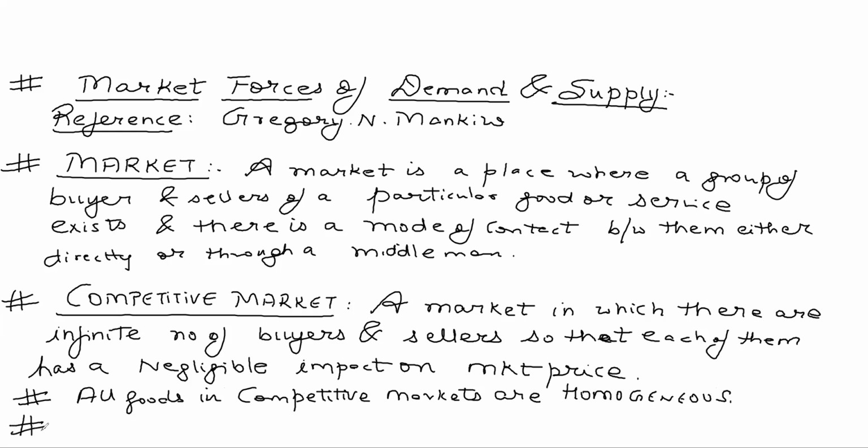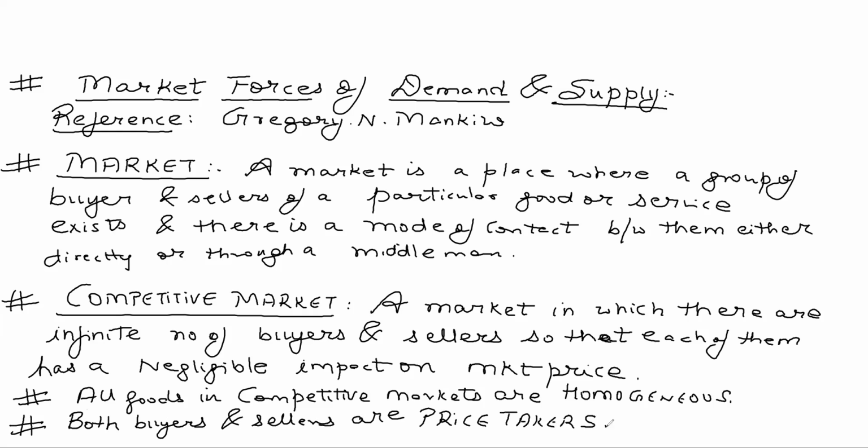And the second feature is that both the buyers and the sellers are price takers. Price is fixed by the industry and the buyers and the sellers take the price as given.